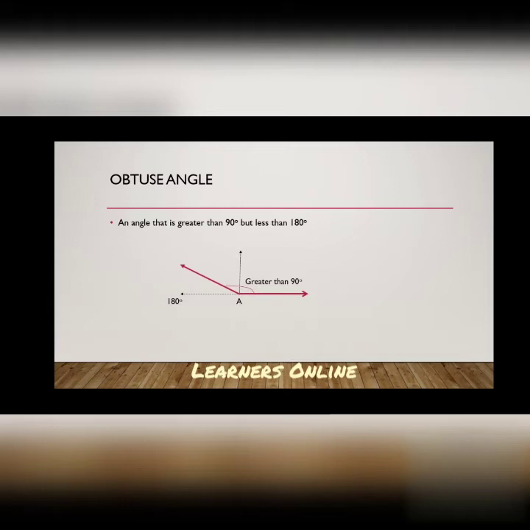So if the terminal arm of the angle lies between 90 degrees and 180 degrees, then we have an obtuse angle. Such an angle is known as an obtuse angle. It can be 120, it can be 140, 160, 170, and up till 179. Similarly, it can start from 91, 92, 93, but it should be greater than 90 and less than 180 degrees.